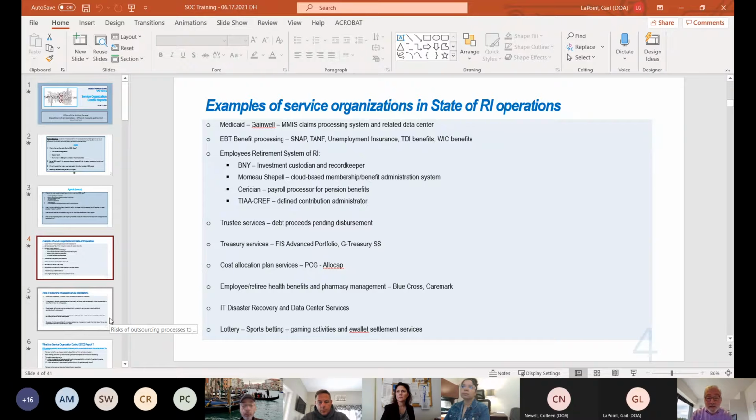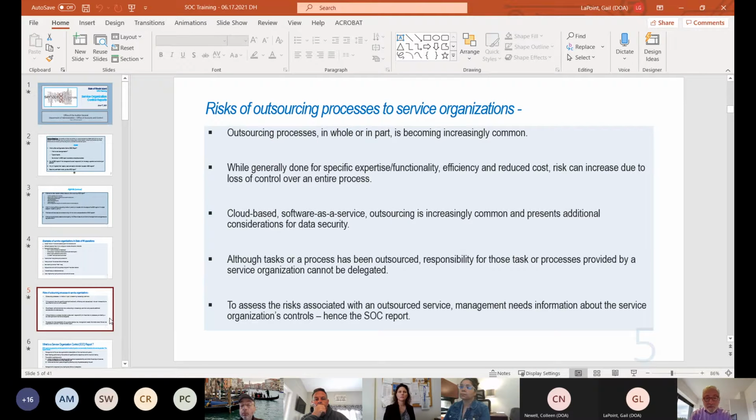It's not an exhaustive list of everything that's a service organization, but that gives you a good idea of the variety that's out there. And this continues to increase. One thing that I would emphasize too, you've probably heard the term software as a service, and that's basically cloud-based computer processing operations.